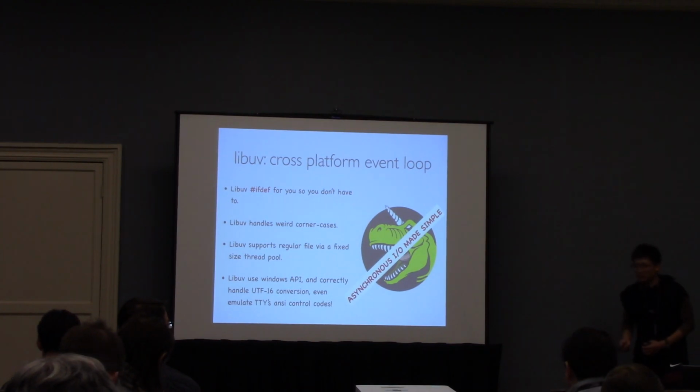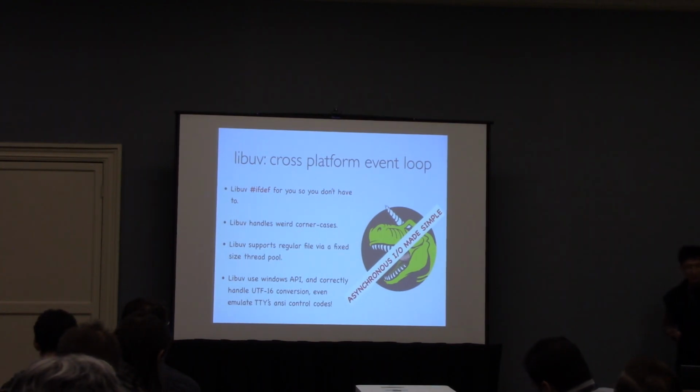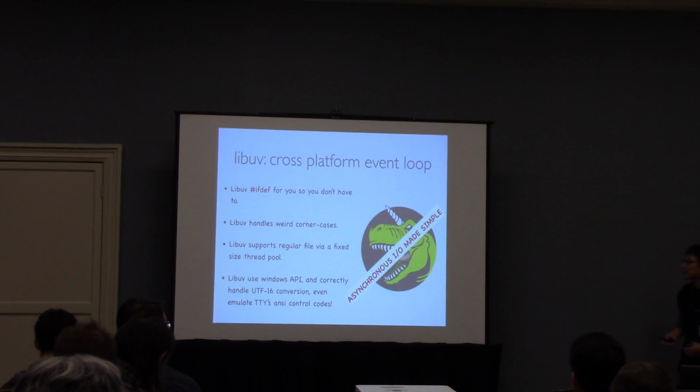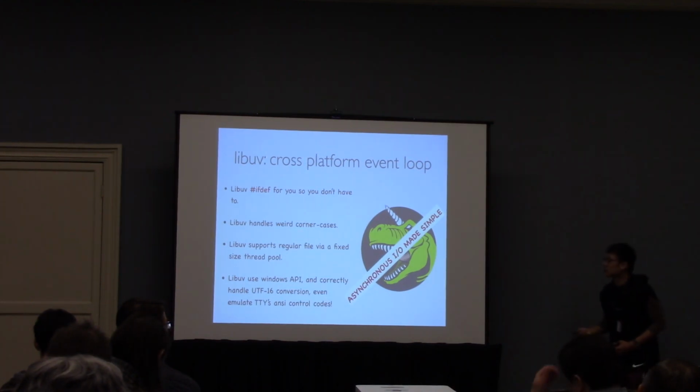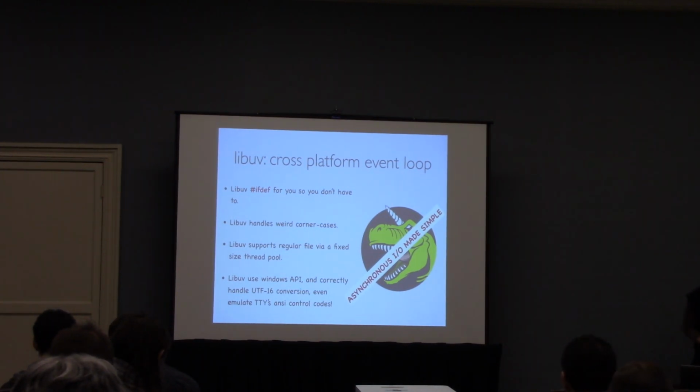It doesn't support the ANSI control codes. But libuv supports this by translating the ANSI codes you give it into Windows system calls, so it works properly. So overall, libuv is a cross-platform event loop framework. It's very good. If you are building an IO framework from scratch, you should really seriously consider it.